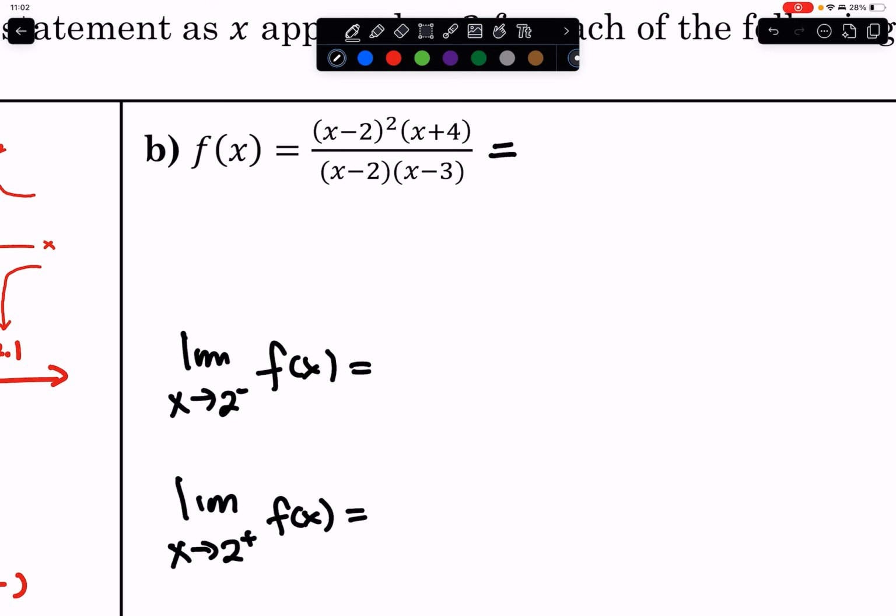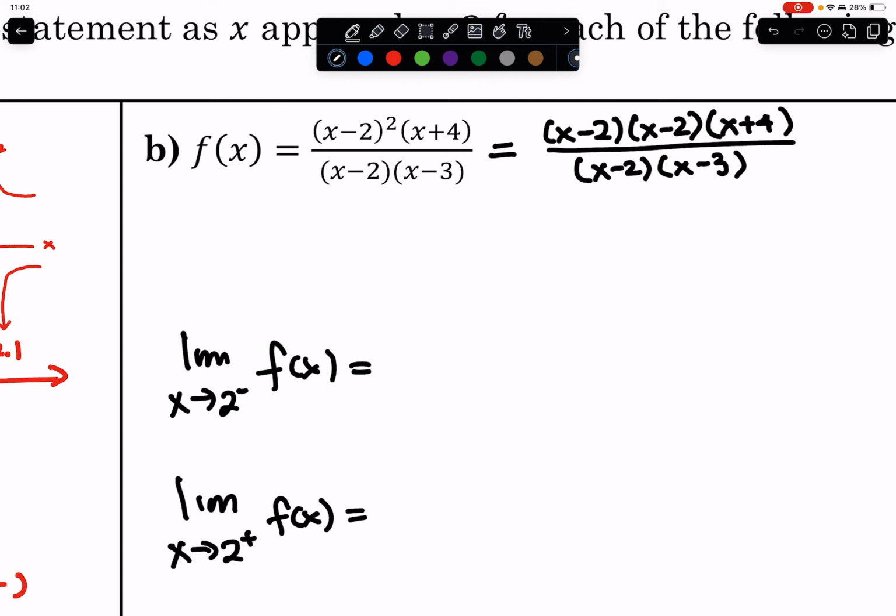So let's factor and see what we have. We have an x minus 2, and there's two of them. So x minus 2 and x minus 2. We have an x plus 4, and we have an x minus 2 with an x minus 3. Remember, a hole happens when a factor in the numerator cancels out a factor in the denominator. So that's exactly what's happening here.